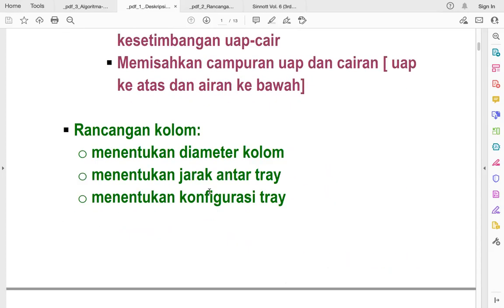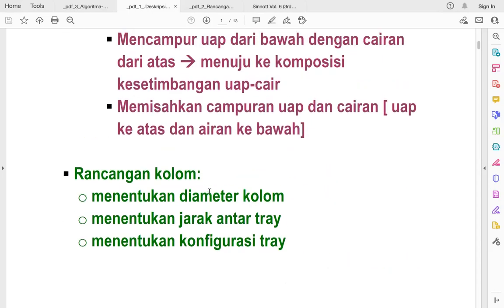So what is our column design? In the column design, we're going to have a practice to determine the column diameter, how big or how small the diameter of the column is, and then the tray spacing.